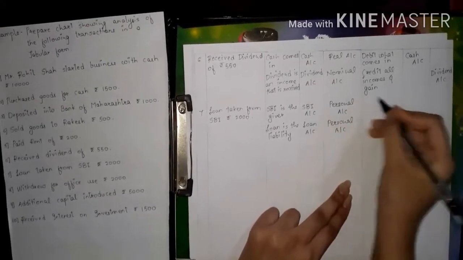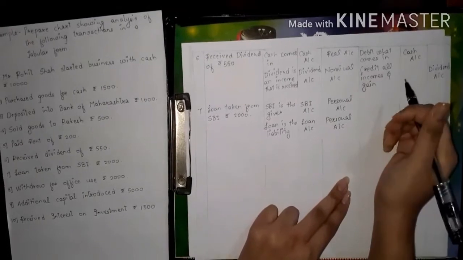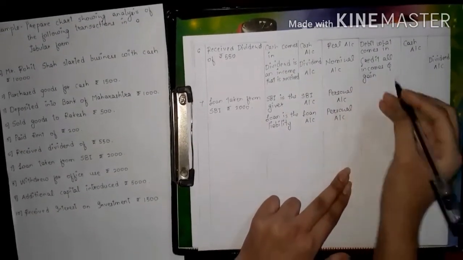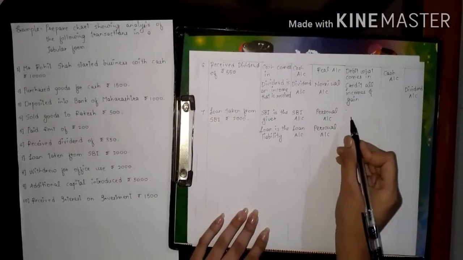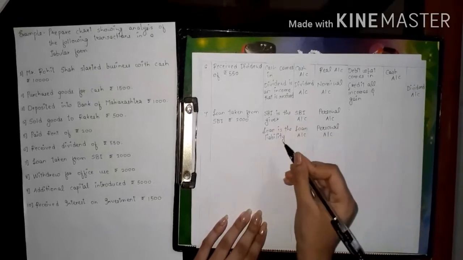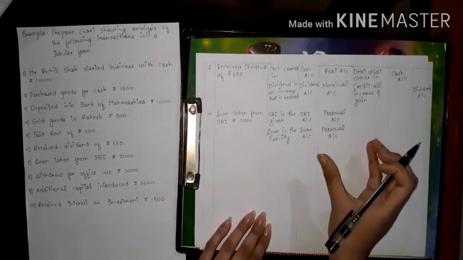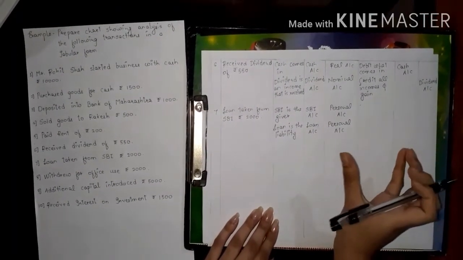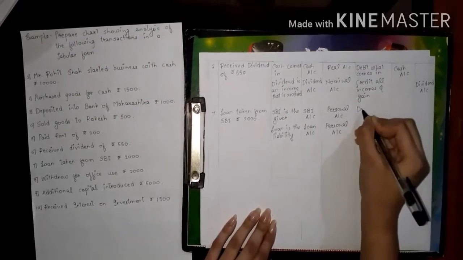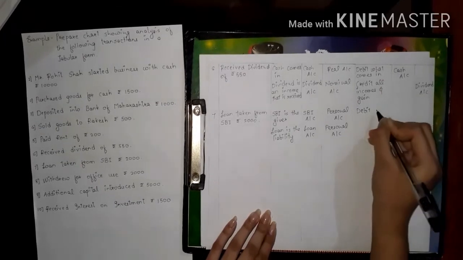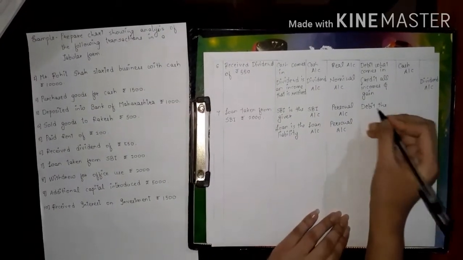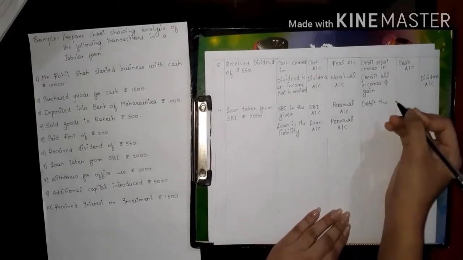And the rule for it, personal account rule: debit the receiver, credit the giver. Since SBI has given the loan to us, it will be the giver. But loan we have to pay after a certain period that is specified by the bank. So here debit the receiver: the amount which the bank has given you, after the specified limit you have to pay that amount back to the bank.